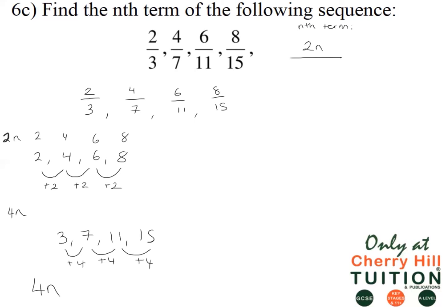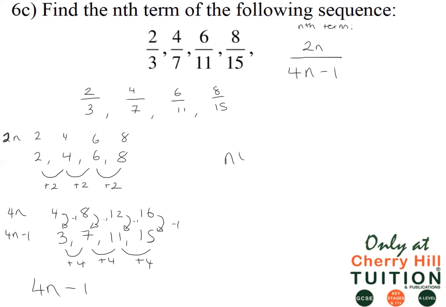So if we write down the 4 times tables, we get 4, 8, 12, 16. As you can see, 4n does not match our sequence. So we need to work out how we get from 4n to our sequence. As you can see, we just need to take 1 away in each case, leaving us with 4n minus 1. Okay, and that's the nth term for our denominators.